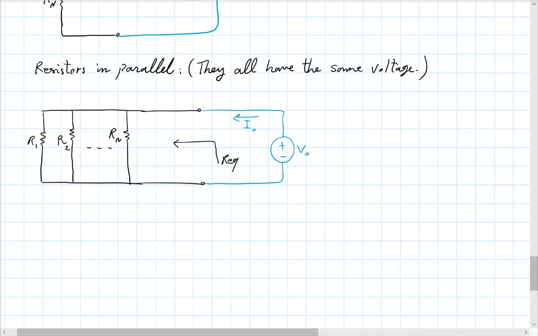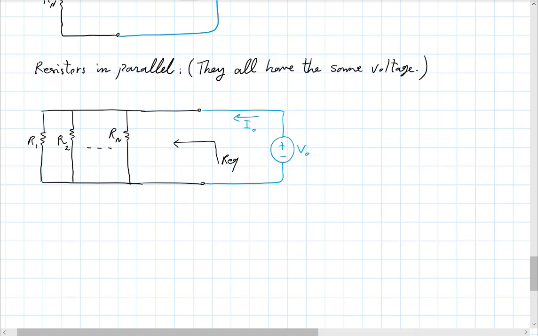And recognizing that they all have the same voltage, you have already implied all the KVLs here in all these loops. And so all you have left to apply is a KCL that says the current I naught going in is the sum of all the currents going through these resistors.